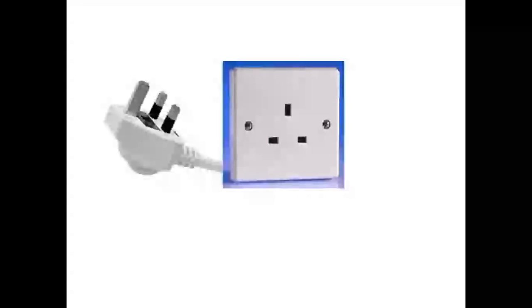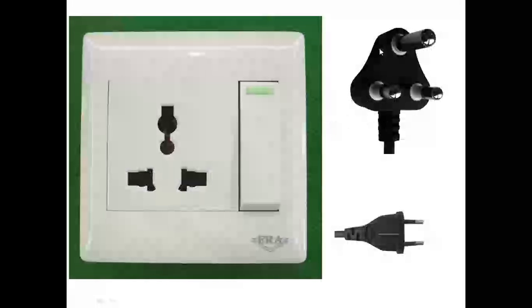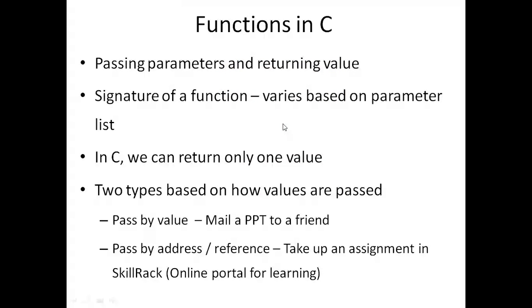And when you see here, this plug point is designed differently, that is, the pin size is different. So only these types of plugs can be plugged in, and we cannot use this plug point for plugging in these kinds of plugs. So the design is important, that is, the parameters we pass for the function are important when we are going to fix it.